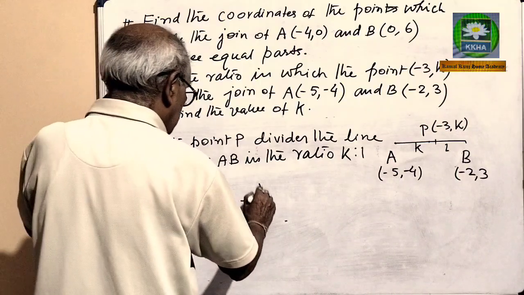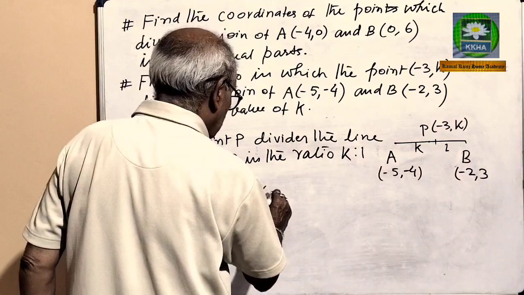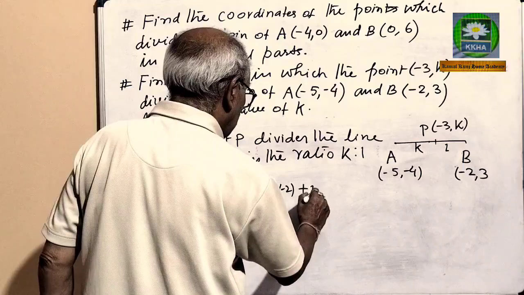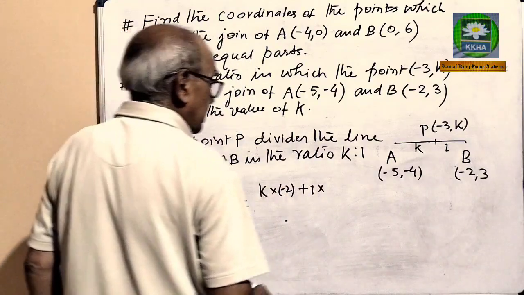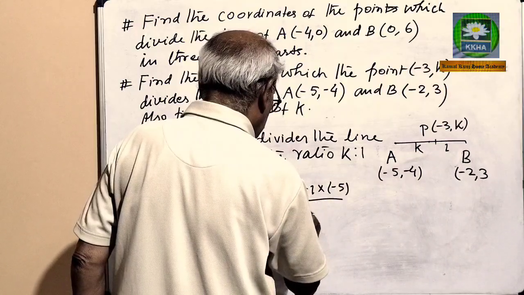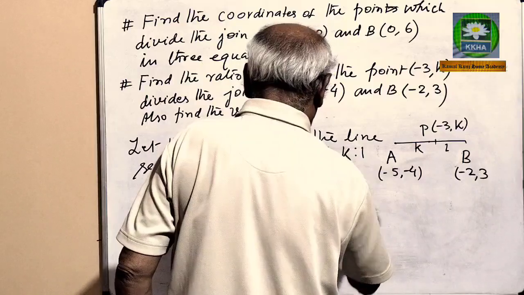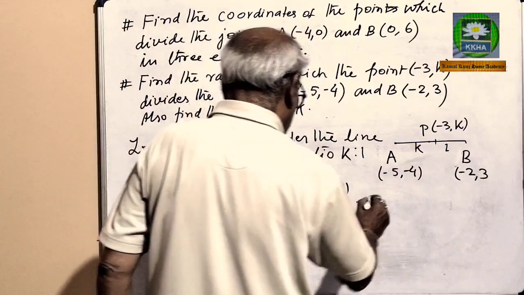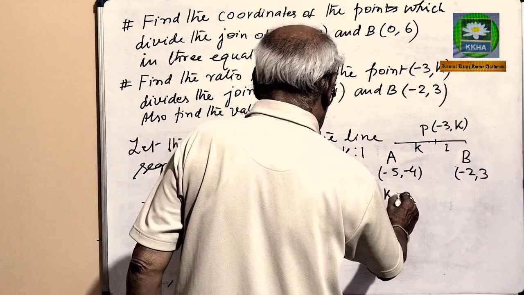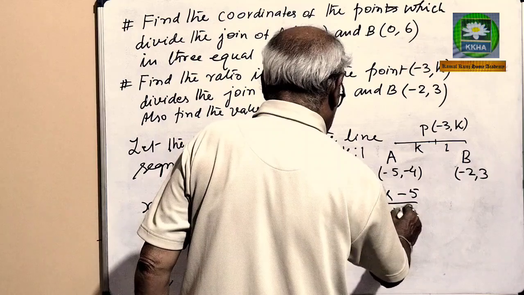Here m is k, x2 is minus 2, plus n is 1, x1 is minus 5, upon k plus 1. This will be equal to minus 2k minus 5 upon k plus 1.